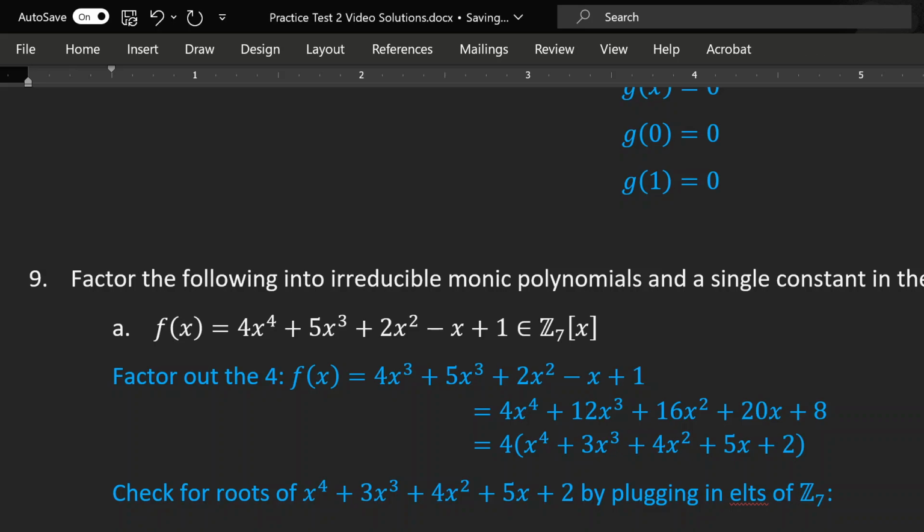Okay, now for the others, instead of doing 4, you can do -3 if you want, because if you're doing x equals 4, that is the same as -3. I just think that's a little bit easier because then things stay as small numbers when you're taking the powers. So -3 to the 4th is 81 again. And then we have 3 times -3 to the 3rd, so that's going to be -81.